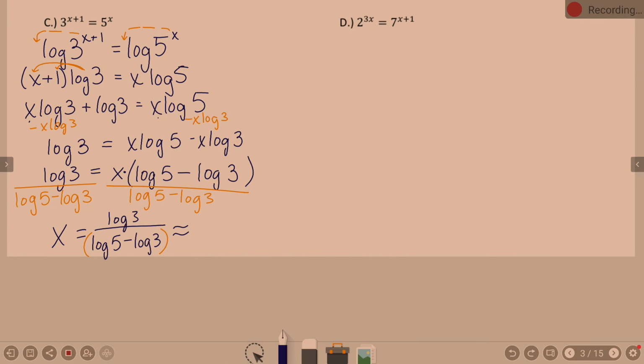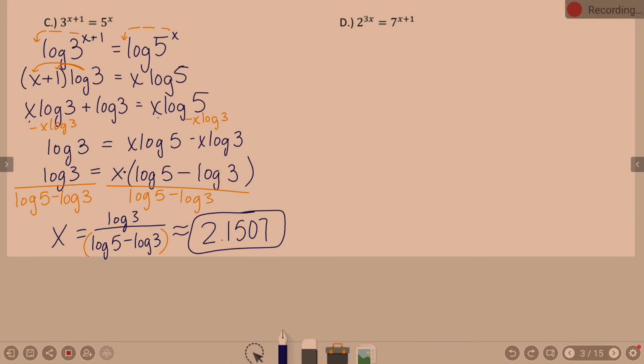And there's the answer you should be getting if you found a correct way to do it on your calculator: 2.150, rounding to 7.